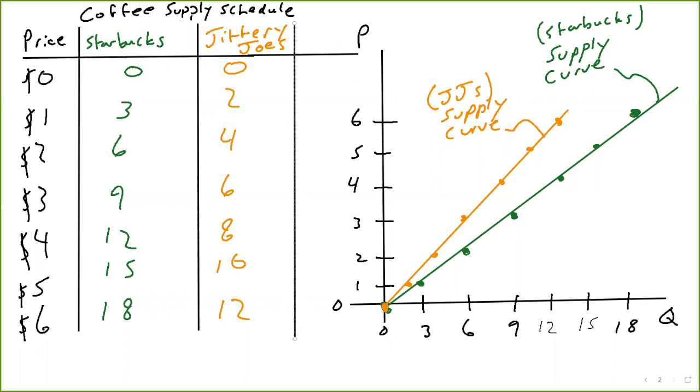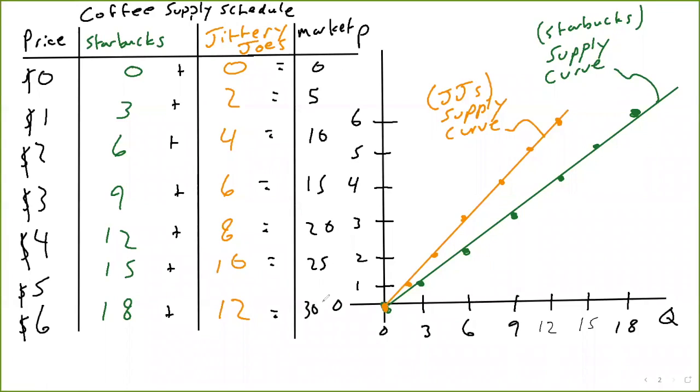And just like before, we can get a market supply curve by adding all the individual suppliers' quantity supplied together. And we can plot this curve as well.